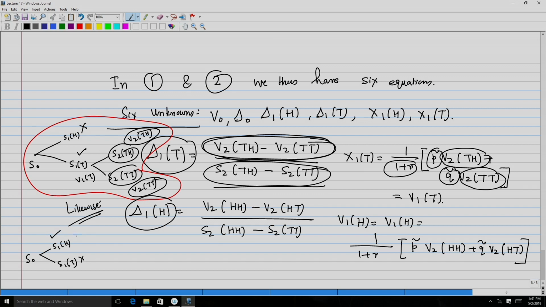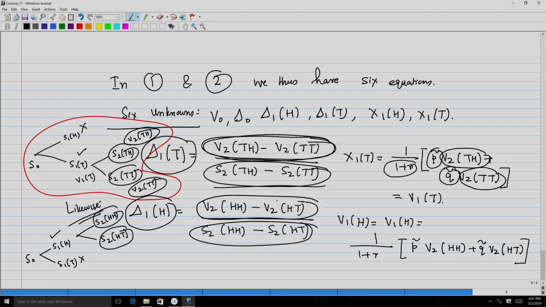Now, from S1 of h, your value of the stock can go up to S2 of hh, or it can come down to S2 of ht. Okay, so this actually should be S2 of ht. So, as before, you see the denominator is nothing but the difference S2 of hh minus S2 of ht, and the numerator is V2 of hh minus V2 of ht.